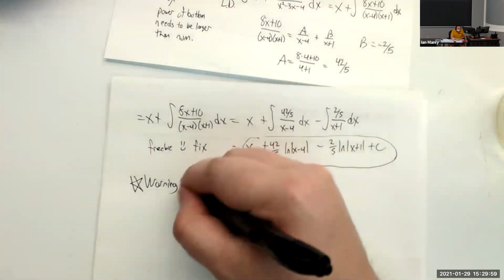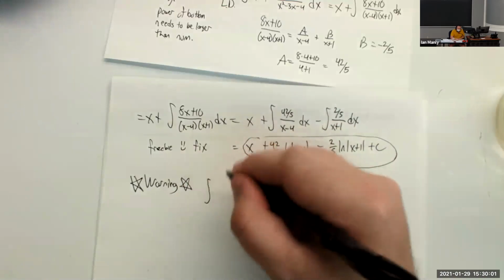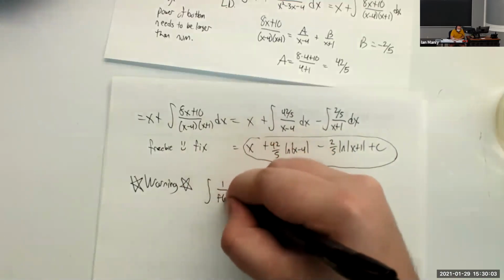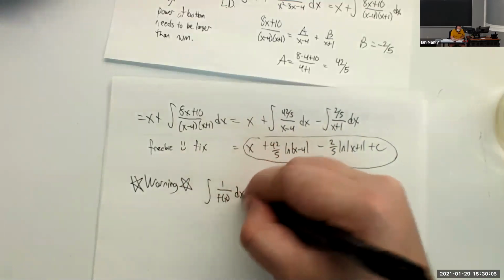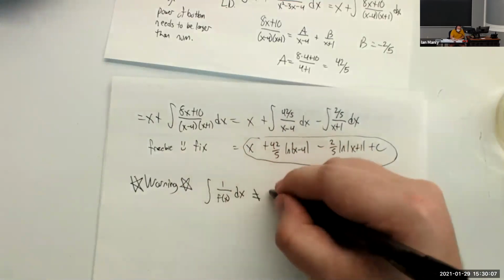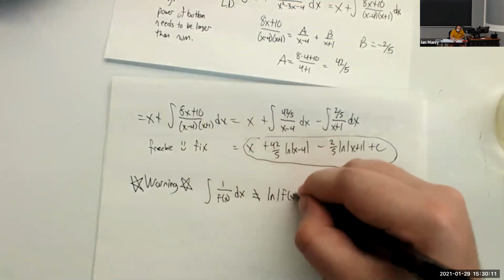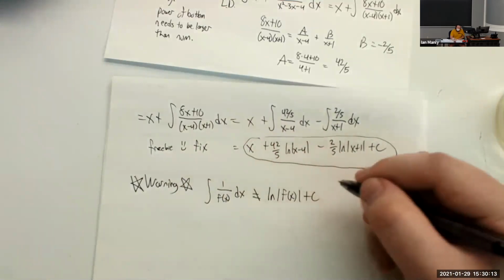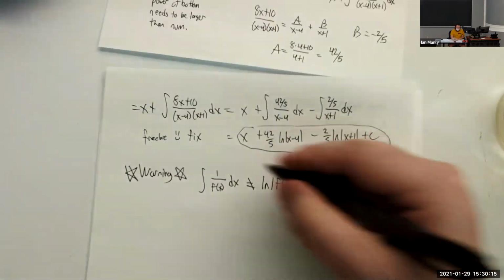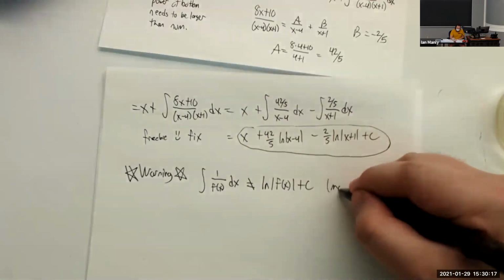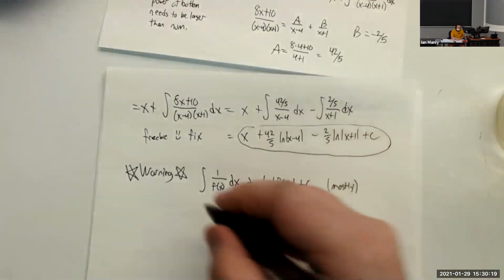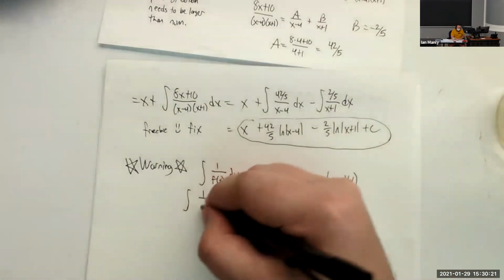Here's the warning. The integral of 1 over a function is not going to be the natural log of the absolute value of that function plus c, most of the time. For example, let's say our function is x squared.